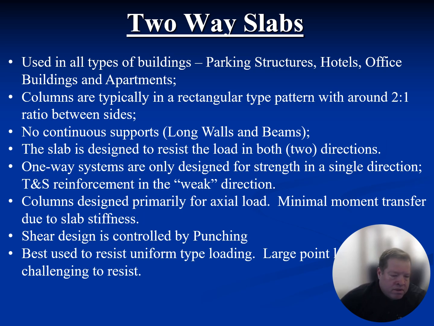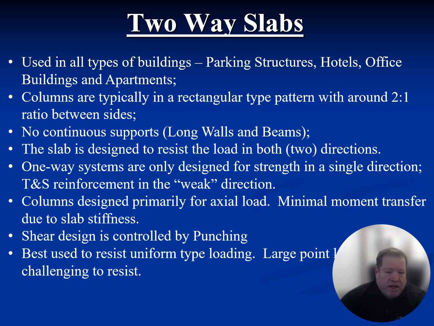In general, similar to beams and at least one-way slabs, these are best used to resist uniform type loading: parking, hotels, offices, stuff like that. We usually design for a number of pounds per square foot of superimposed dead and live load.